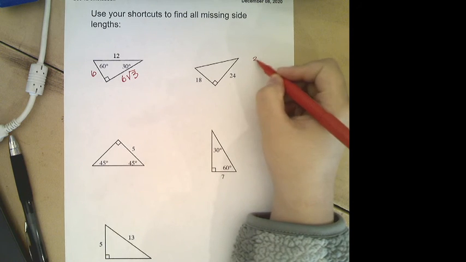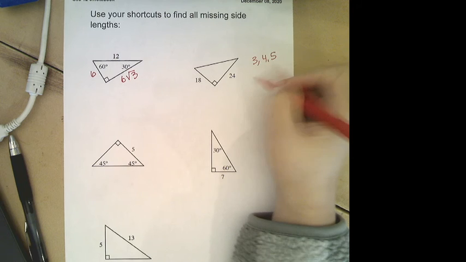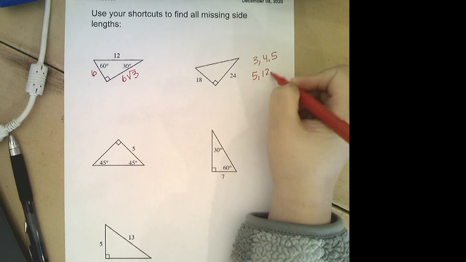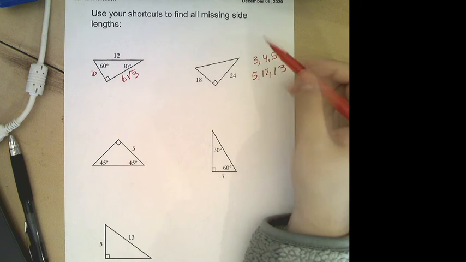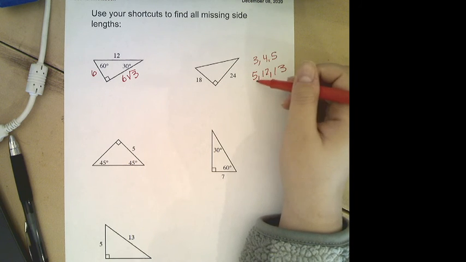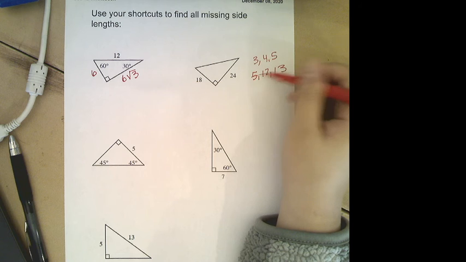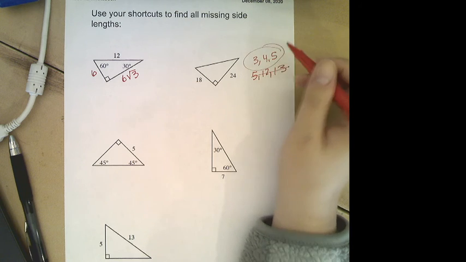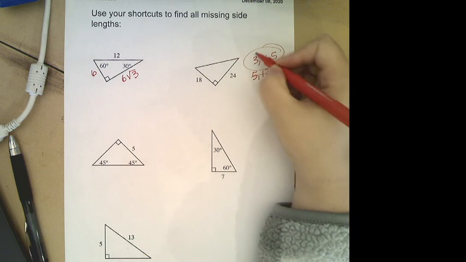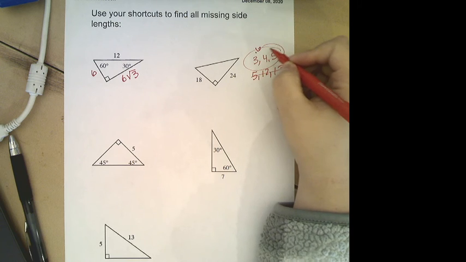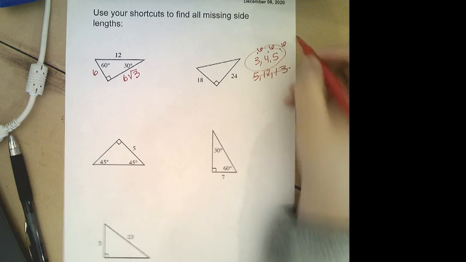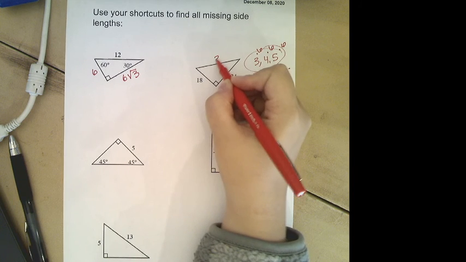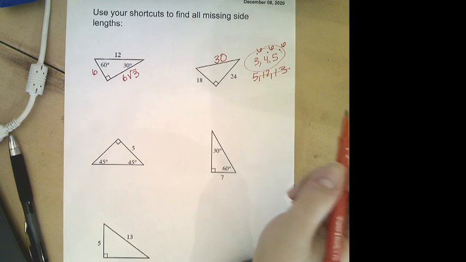So remember, we have the 3, 4, 5 and 5, 12, 13. 18 and 24, neither of them are multiples of 5, so it's not the 5, 12, 13. It's got to be the 3, 4, 5. 3 times 6 is 18, 4 times 6 is 24. So then our hypotenuse is 5 times 6, which is 30.